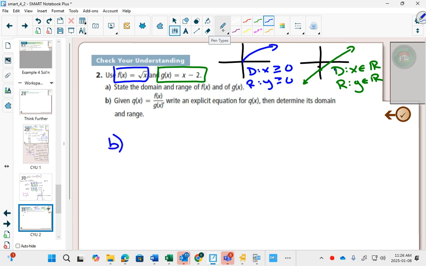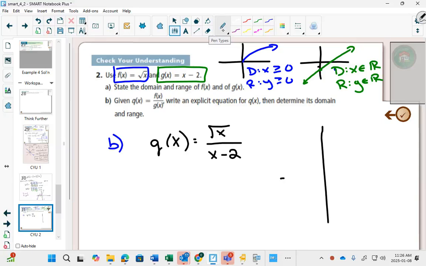In part B, an explicit equation for q of x means that we would have square root of x over x minus 2. And we want to see what the graph of this looks like.